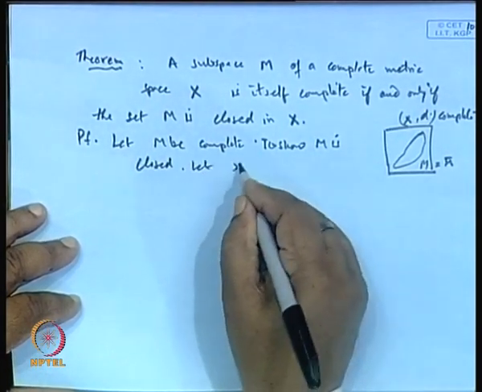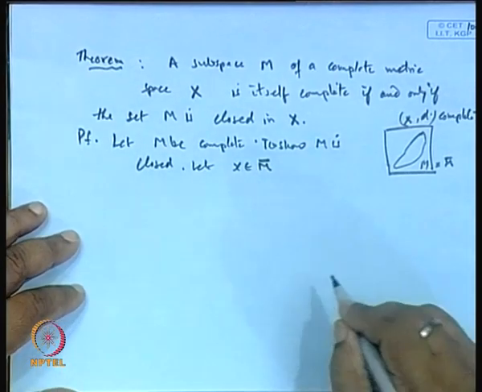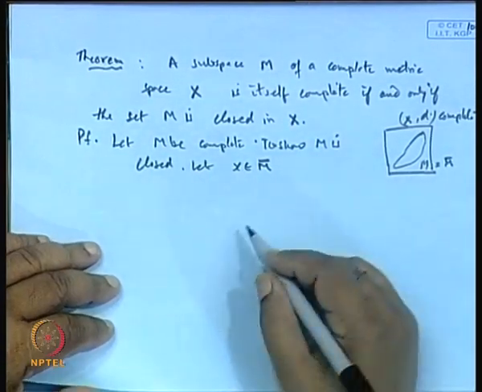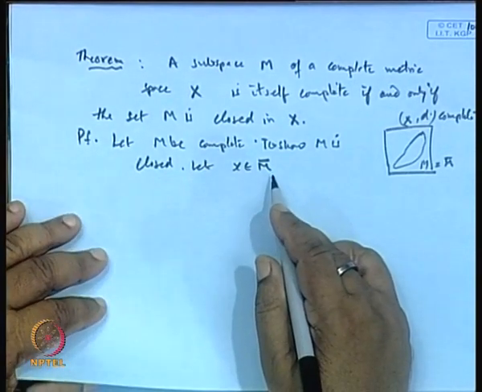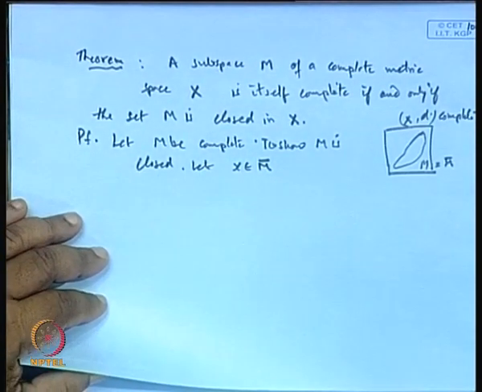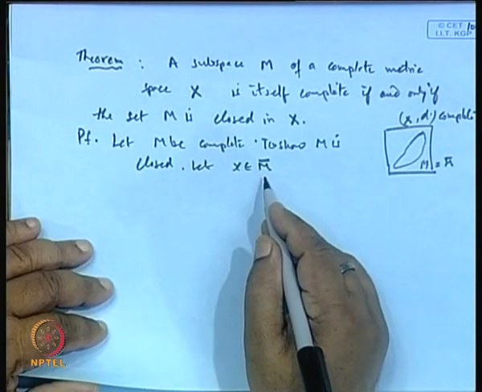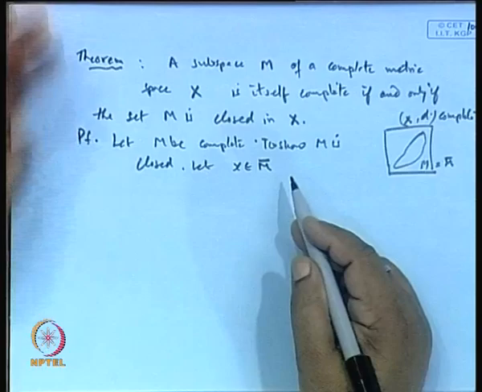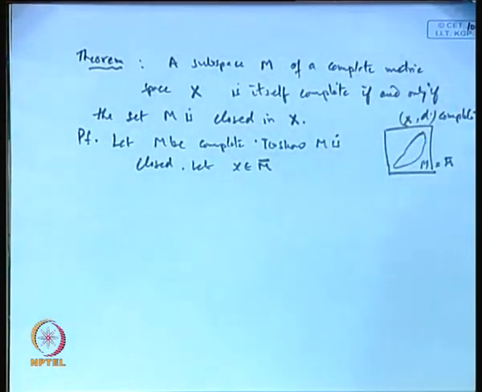So, let x belong to the closure of M. Now, if x belongs to M, then automatically it will be a closed set. Suppose x is a point in there, then because x is in M bar, by the previous result, there is a sequence x n in M.